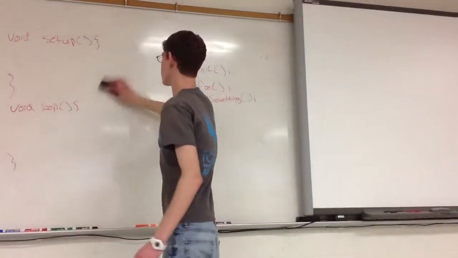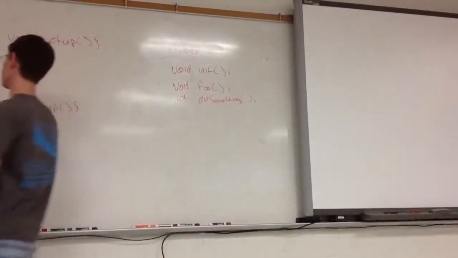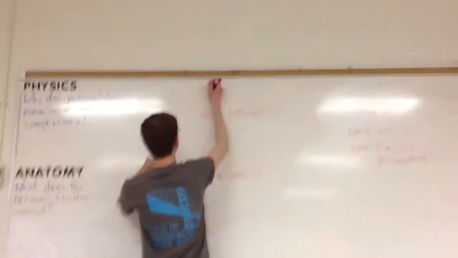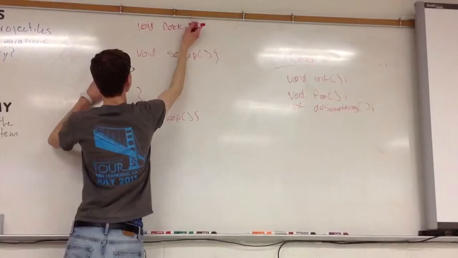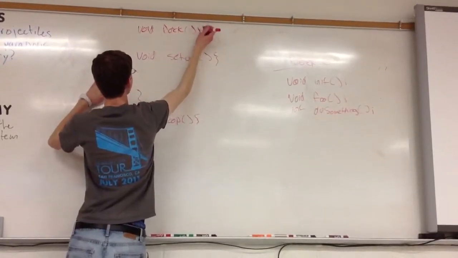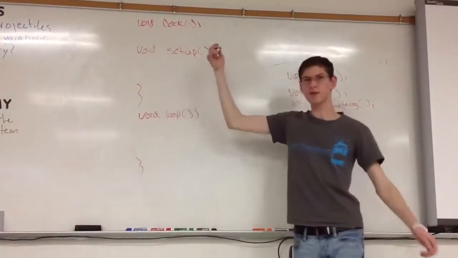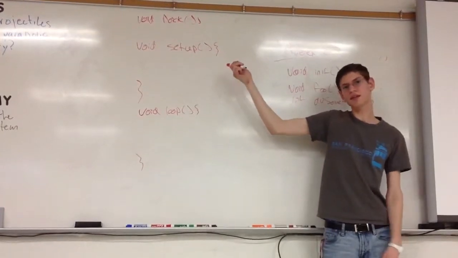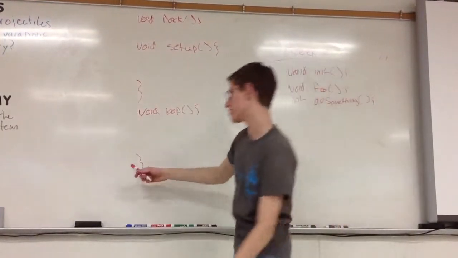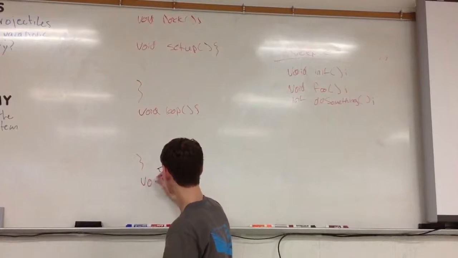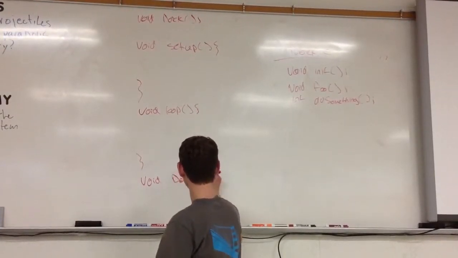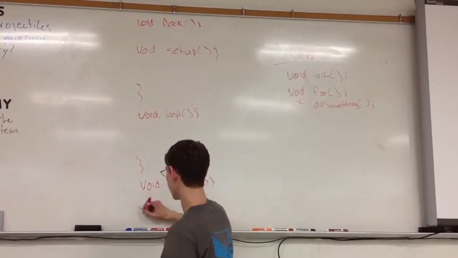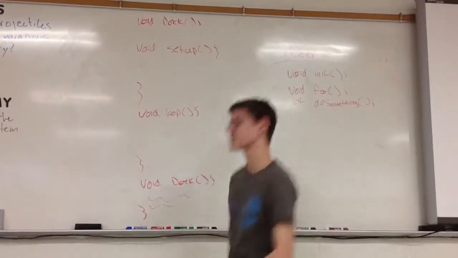So let's say I come up here and I want to make a function called void Derek, but I'm feeling lazy and I don't want to define it. I could just put a semicolon there, and later on down here I can define it. And then I'll write my code in here. This is okay, it's legal.